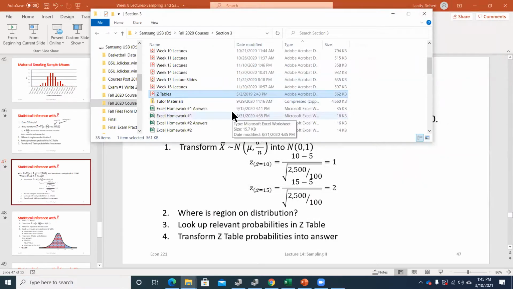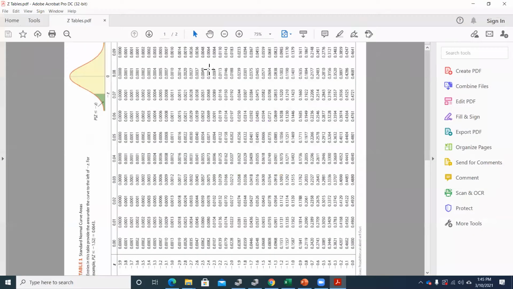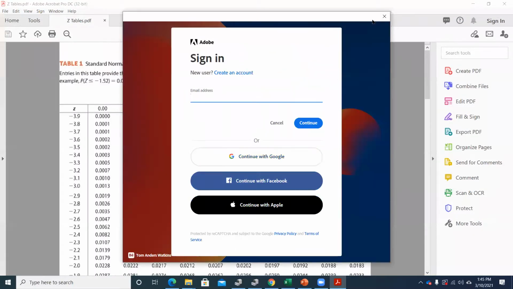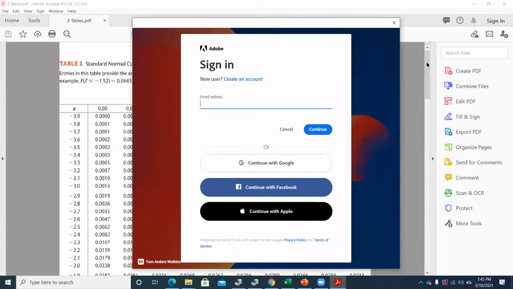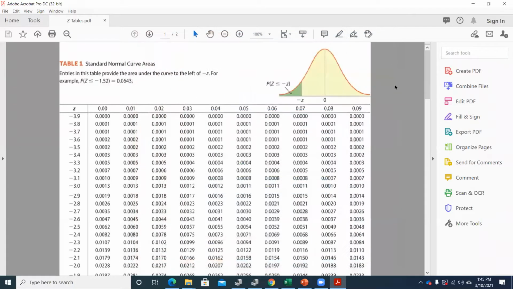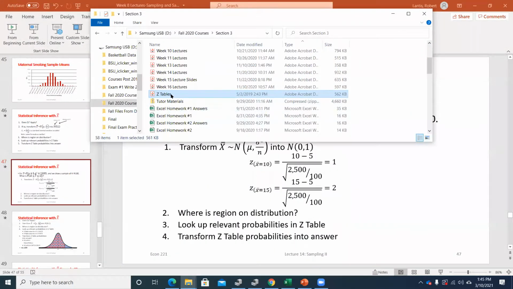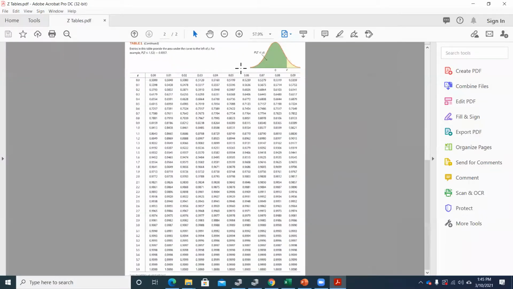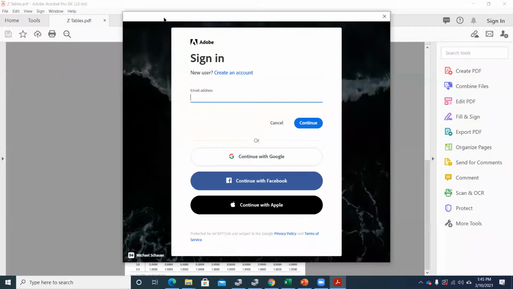Oh, jeez. Come on. Rotate. Zoom in. All right. There we go. Okay. I have to do an update. Let's see if we can actually get this to work. I don't want to sign in here.